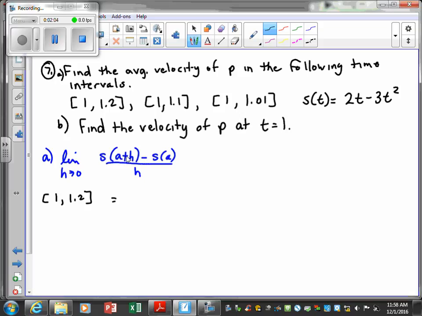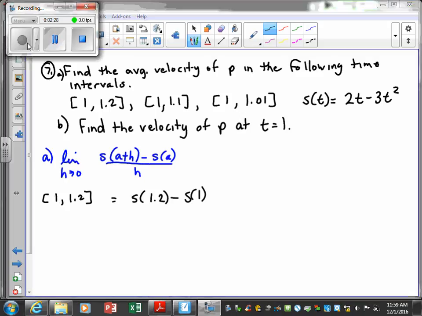Alright. So if I'm going to plug that in and want to evaluate this, at that particular point, this a plus h is the point that's further along in the line. So what would be s evaluated at that? It's s evaluated at the 1.2 time interval minus s of a. So you're going to take the larger interval minus s of a, and so also in our s values we'll have 0.2, 1.2 minus 1, so we'll evaluate those.